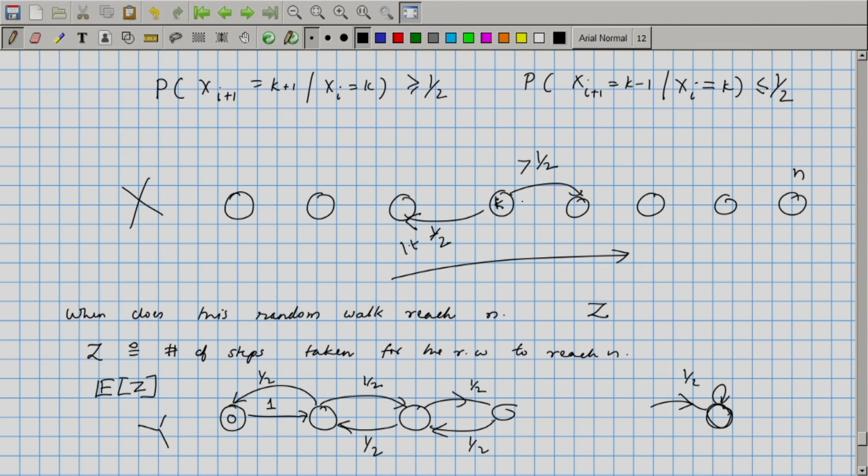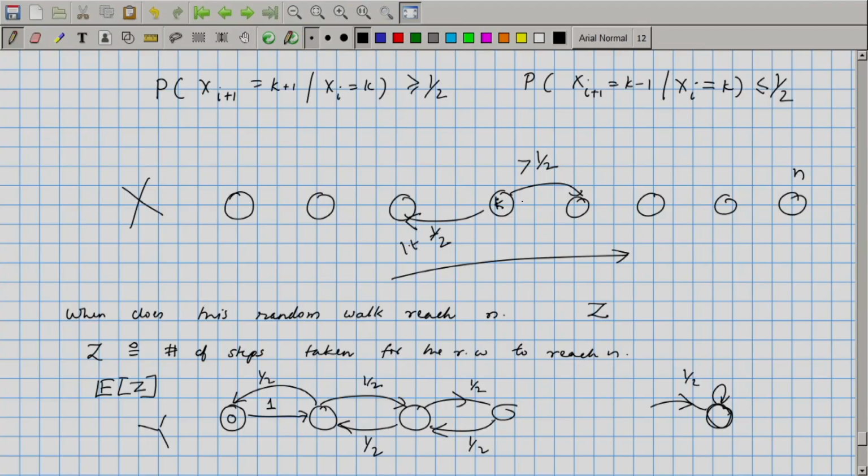So, if you think of another parallel random walk such that the probabilities are half for both the forward edge and the backward edge, then clearly the random walk Y is expected to be slower.